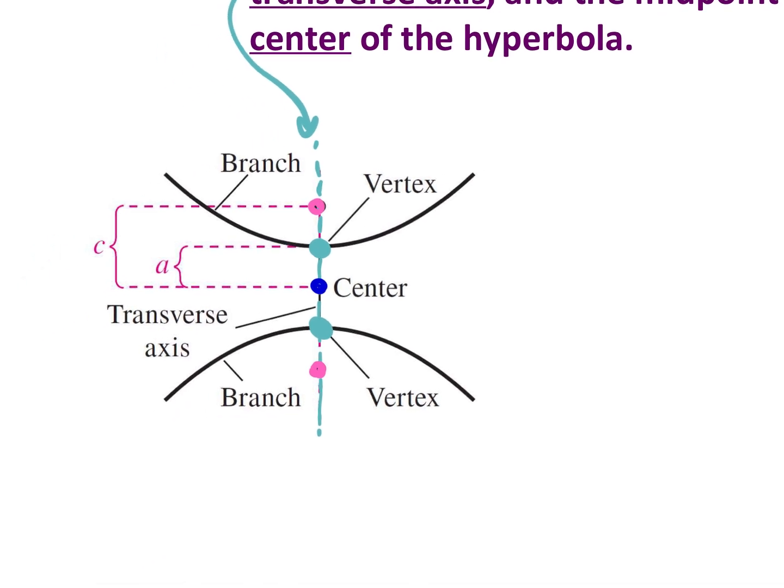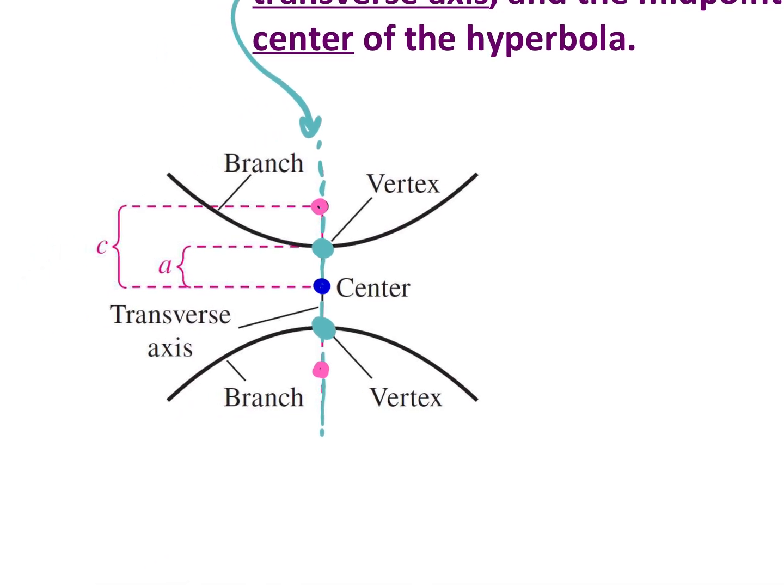So if we look here, A is the distance from the center to the vertex.